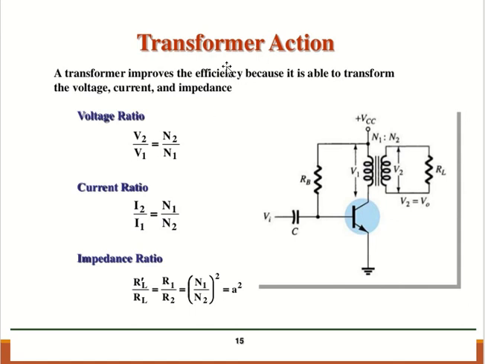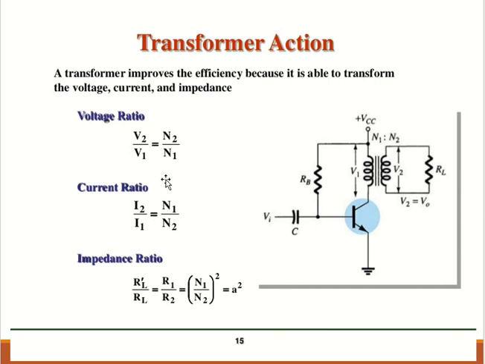So this is the transformer action. The transformer improves the efficiency because it is able to transform the voltage, current and impedance. We know the output voltage V2 and V1 are related depending on the number of turns. Depending on these number of turns, we can change and control these voltages.